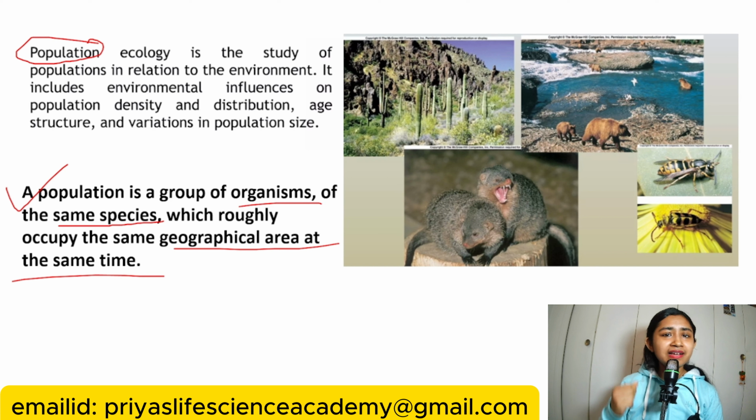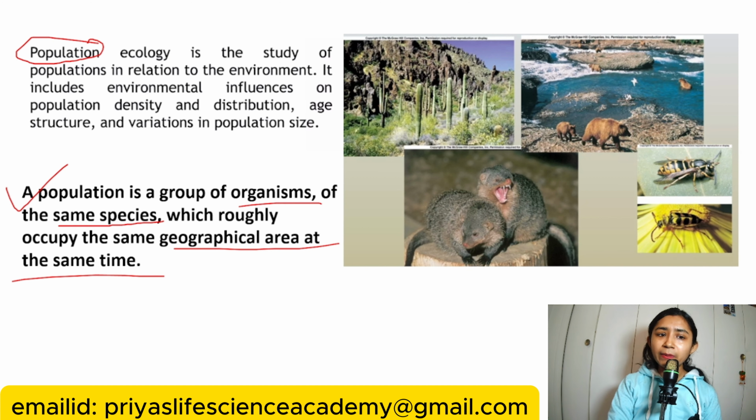For example, in the previous class I gave you examples of different kinds of Geospiza bird species like Geospiza fortis, Geospiza fuliginosa. Now, if lots of individuals of Geospiza fortis come together and form a group, that is known as the population. So a population must consist of individuals from the same species.